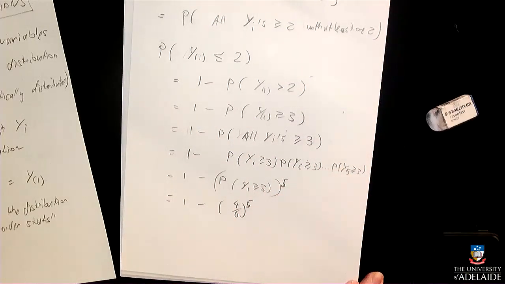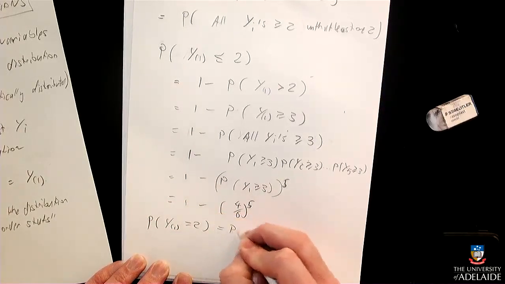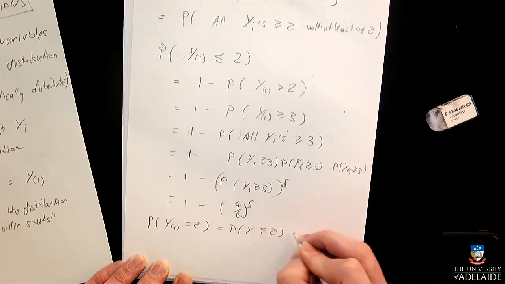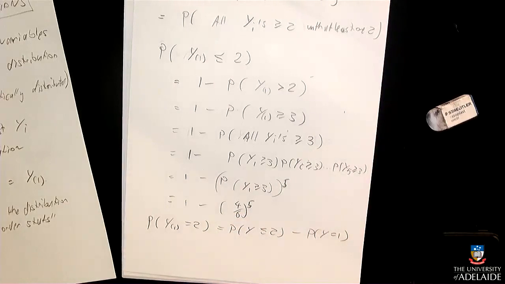And that's the probability of being less than or equal to 2. So if I took off the probability of being equal to 1, that would give me the probability of being equal to 2. Because this is only 1 or 2.